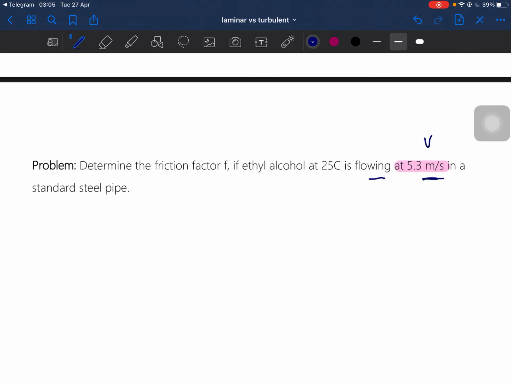I forgot to include the information down here, the full name of the pipe. It's called the DN40 Schedule 80 pipe. The name is longer than my name.